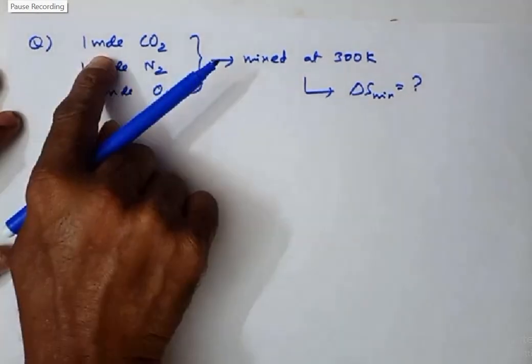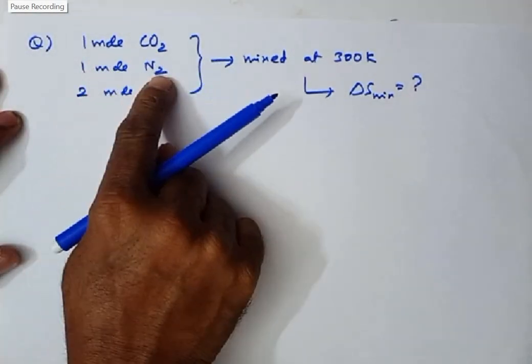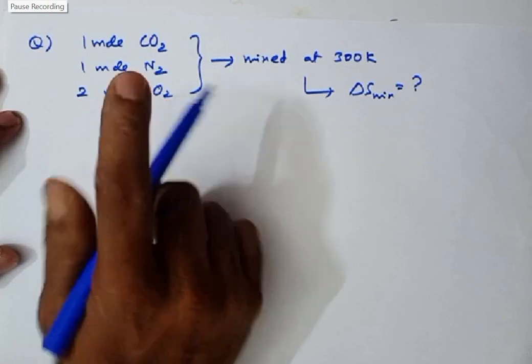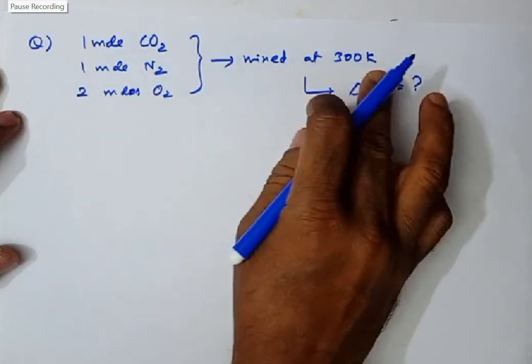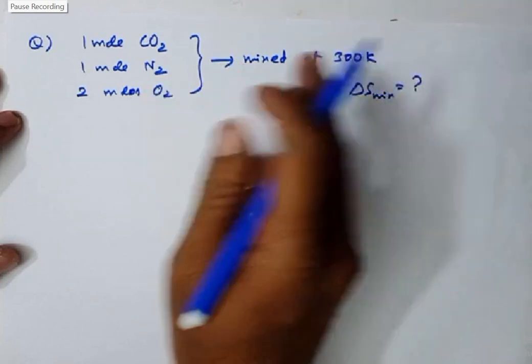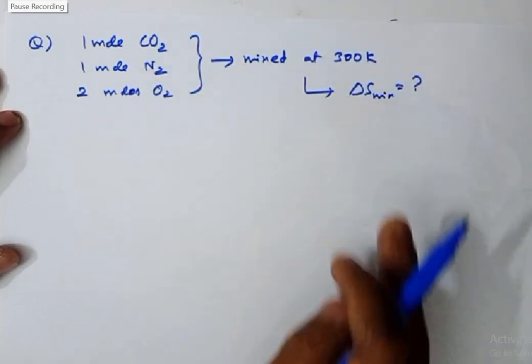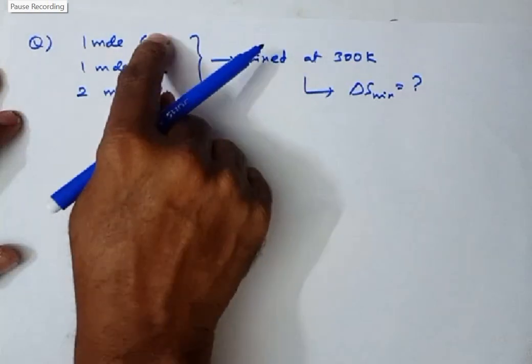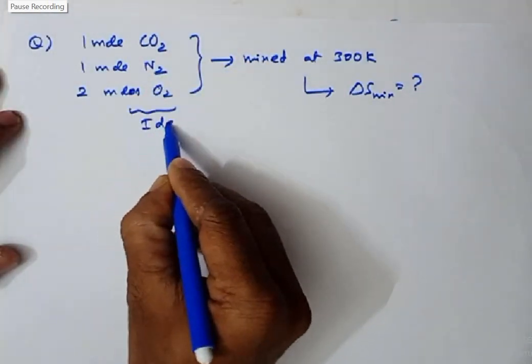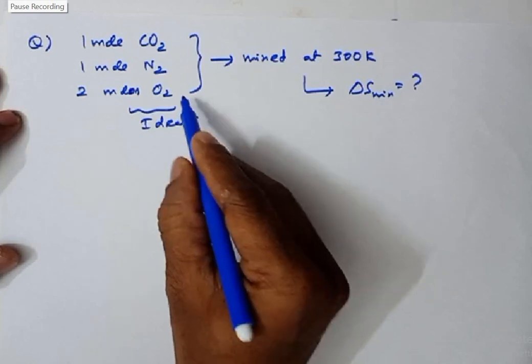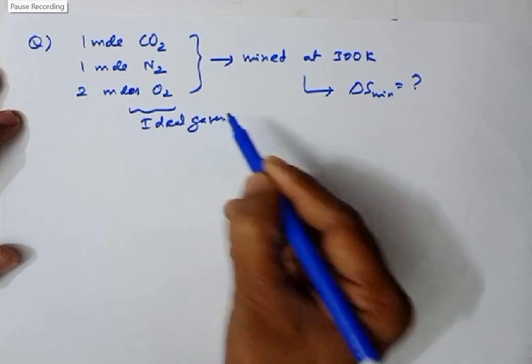Now, 1 mole of CO2 gas, 1 mole of nitrogen gas, 2 moles of oxygen gas are mixed at 300 Kelvin. So, we will get a mixture. Now, we need to calculate what is delta S mixing. Assume that all these gases are ideal gases. It is not given in the question, but anyway, you assume these gases as ideal gases.